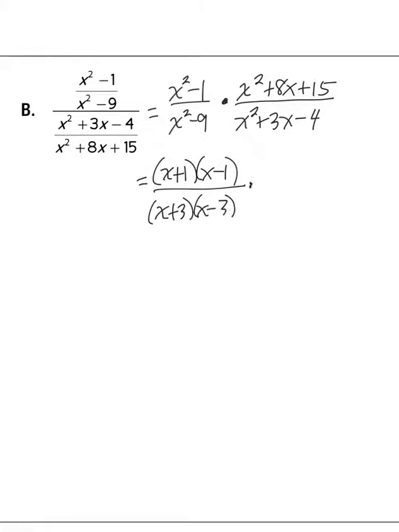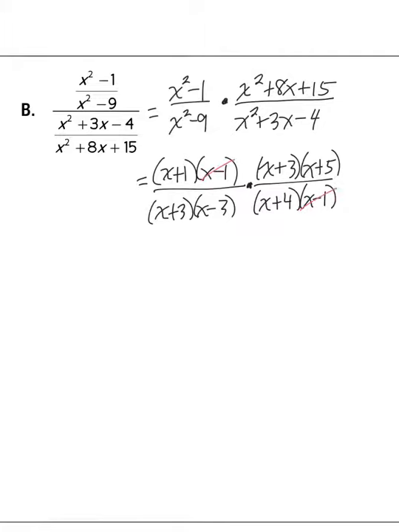And then times, the numerator of the second fraction factors as x plus 3 and x plus 5. And then the denominator factors as x plus 4, x minus 1. So now you can cancel, and I can cancel an x minus 1 with an x minus 1.